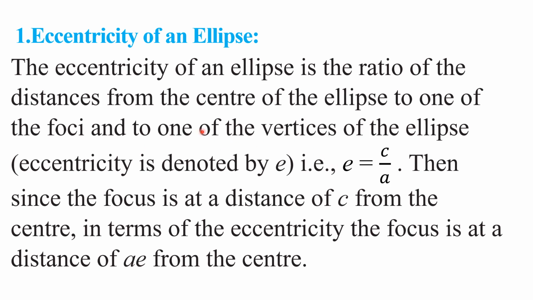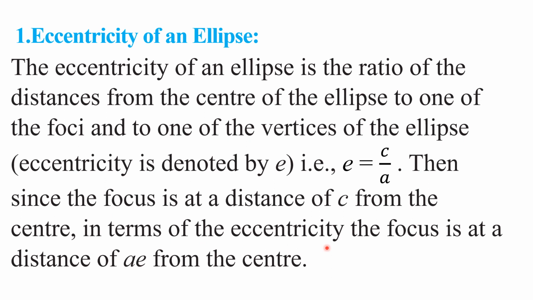Understood this point, my children? Right. Simply to say, the eccentricity of the ellipse is denoted by small letter e, that is equal to c by a. What does the letter c denote here? Yes, the distance of the focus from the center. Please remember these points, my children. What does the letter a denote here? Yes, the length of the semi-major axis. Then the focus is at a distance of c from the center.